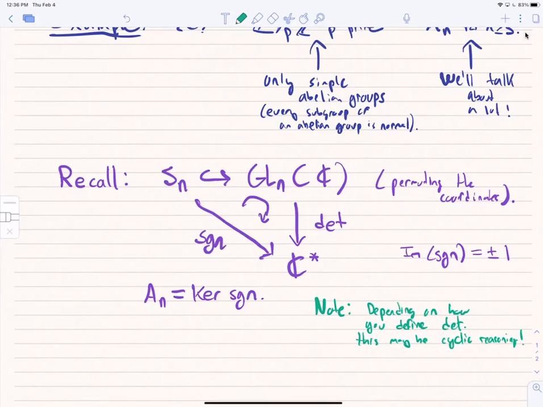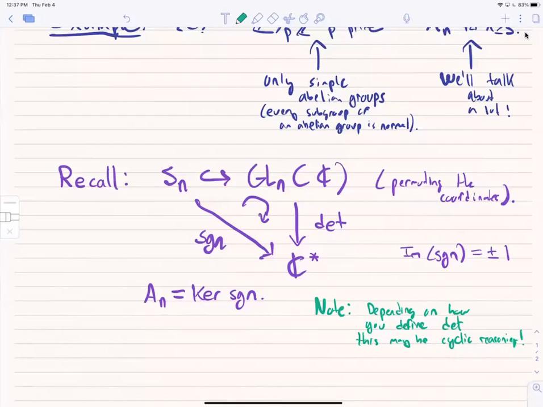Often, like in a very first course on linear algebra, the way you would define determinant is you'd take the sum over all permutations of the product along that permutation of all the entries of your matrix times -1 to the sign of the permutation. So that's one common definition of determinant.